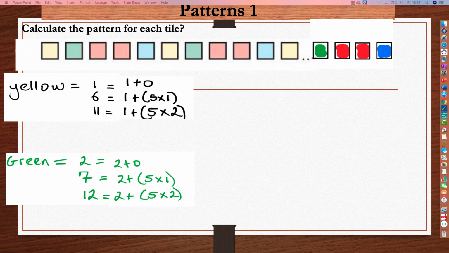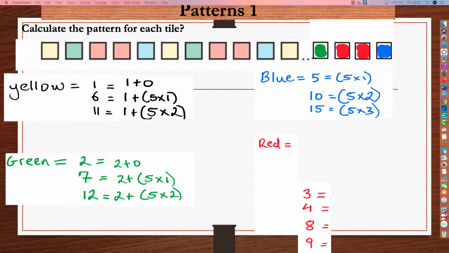What one down here? 5 times 3 is 15 plus 2, which is 17. So if we were to write that as a pattern, our pattern would be 2 plus 5n. Alright, so we learn how to create them.